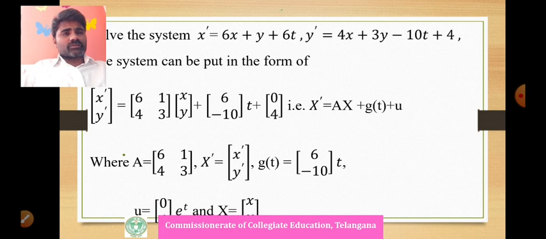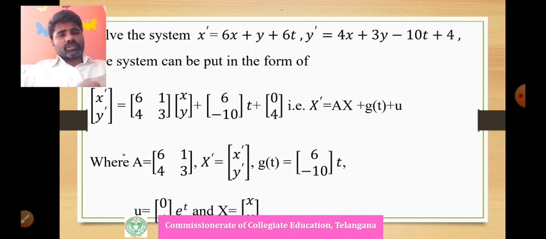In the first equation the constant is 0, in the second equation it is 4, that is (0, 4). That is, x' = Ax + g(t) + u. Here x' is given by (x', y'), and A is a 2 by 2 coefficient matrix [6 1; 4 3], and g(t) is (6, -10) times t, and u is nothing but (0, 4).